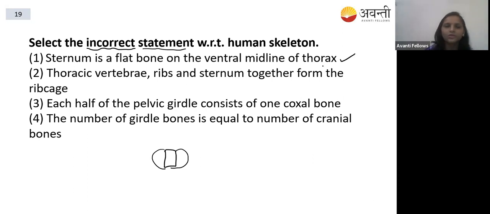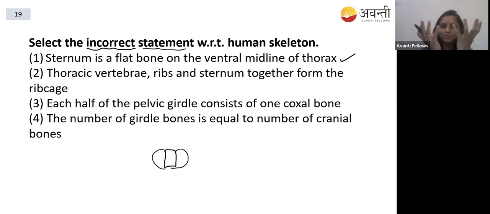Then coming to the second option, thoracic vertebrae, ribs and the sternum together form the rib cage. Yes, guys. How will the rib cage be formed? From the dorsal side, the thoracic vertebrae are there on the back side, and on the sides there will be ribs, and on the ventral side there will be the sternum.